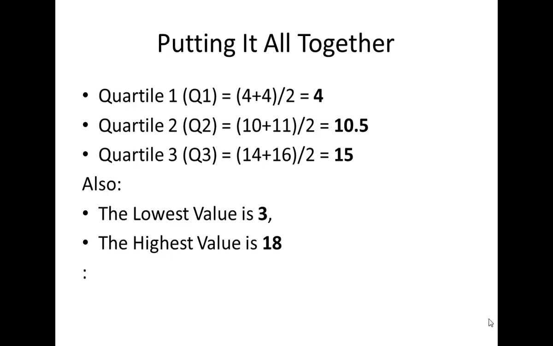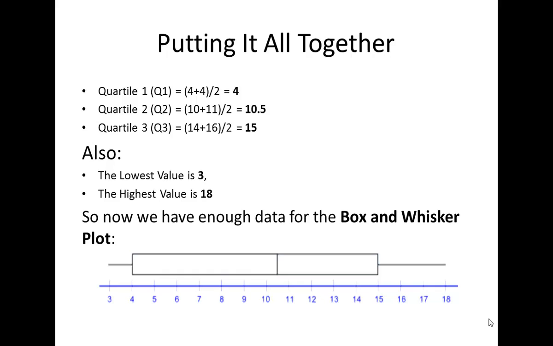It's also helpful to note that the lowest value in our list of values is 3, and the highest value is 18. We need this information so we can create our box and whisker plot. To create your box and whisker plot, you will draw a rectangle from quartile 1 to quartile 3.